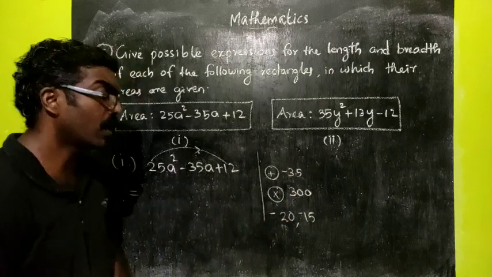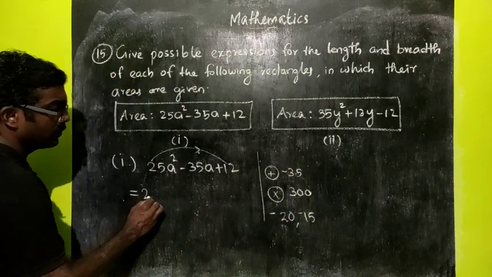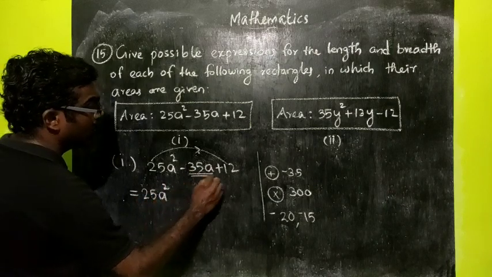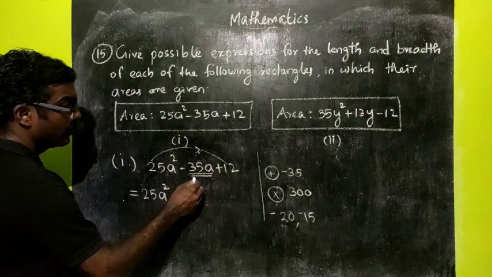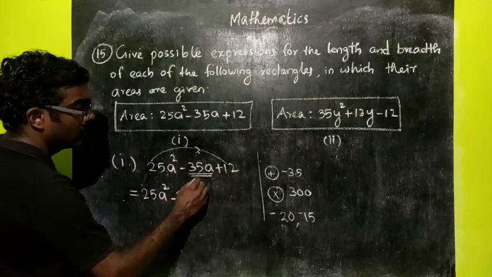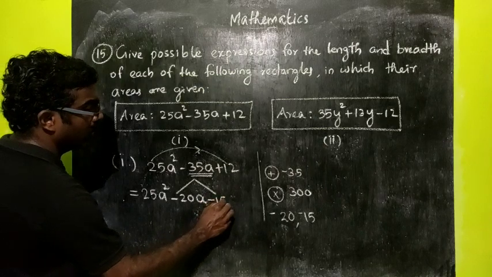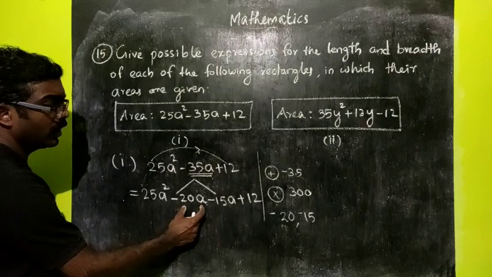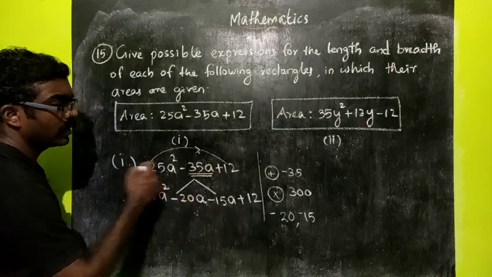So we can split the middle term: 25a square, then minus 20a, minus 15a, plus 12. Minus 20a plus minus 15a is minus 35a.